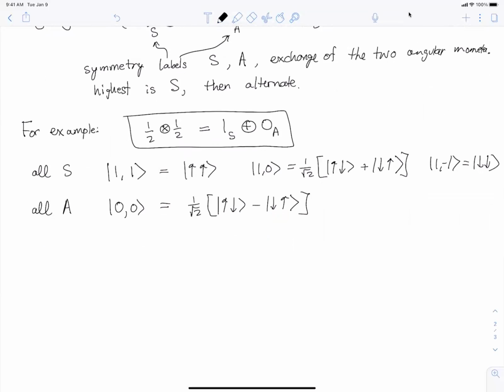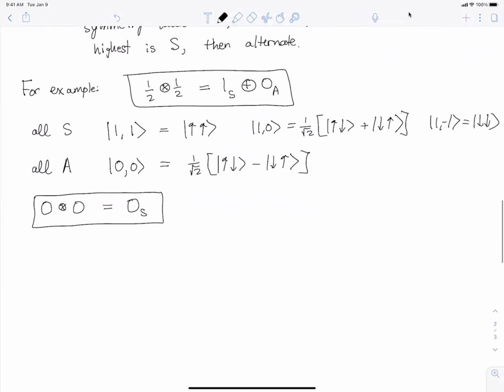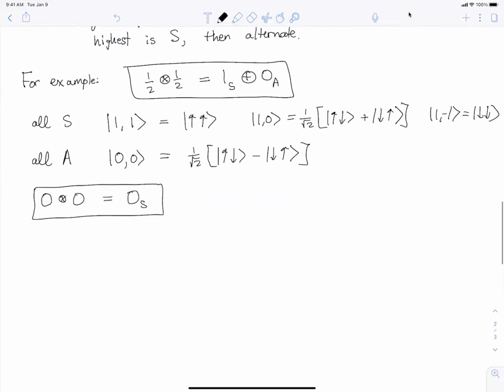Okay, so that's an example that we were already familiar with. A more trivial example is I could take spin 0, tensor product spin 0. And of course, then what I'm going to get is total angular momentum 0. And it's symmetric because when I exchange things that aren't there, I get back the same thing. When I say things that aren't there, I mean there's no angular momentum, direction, or eigenvalue to exchange.